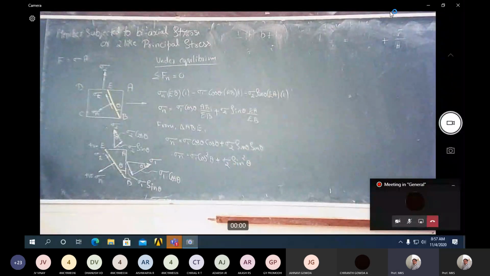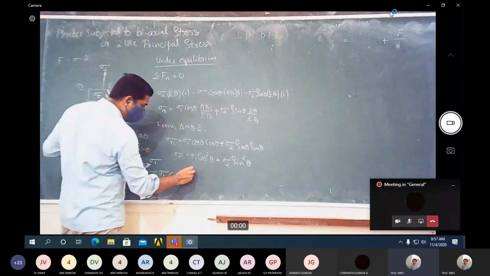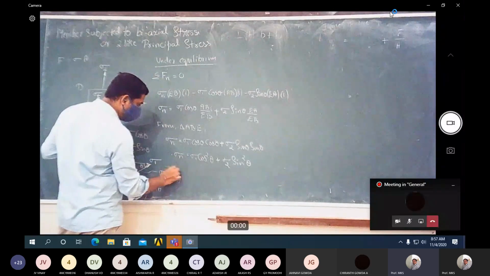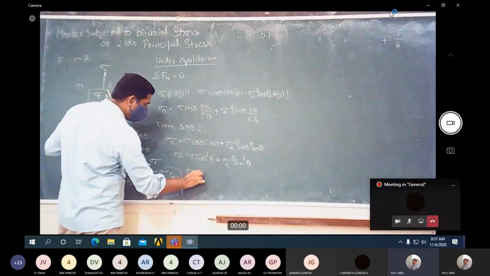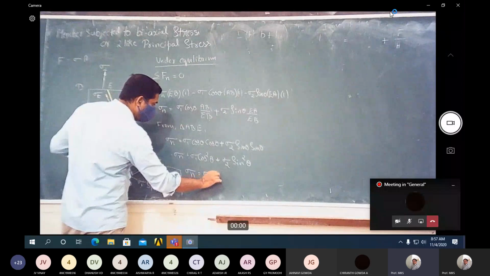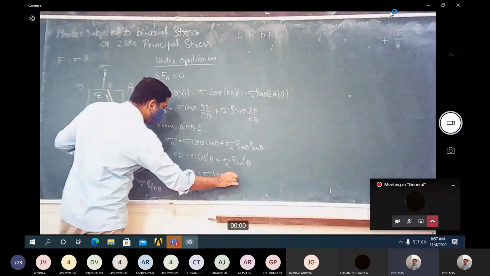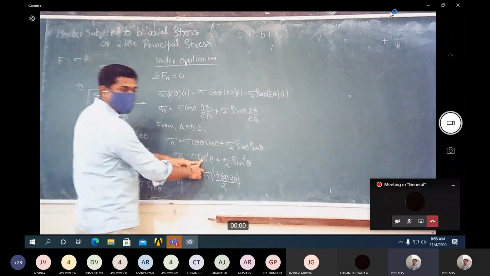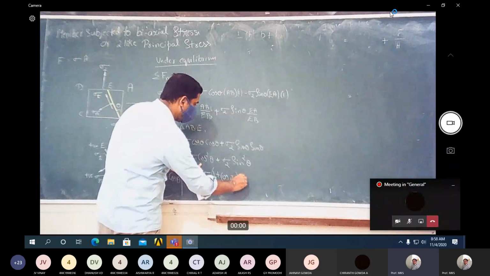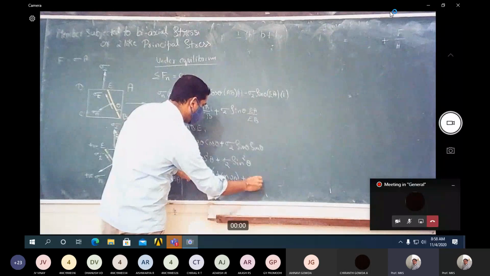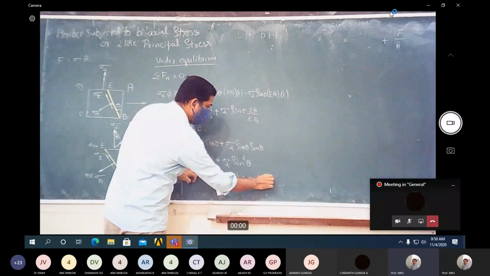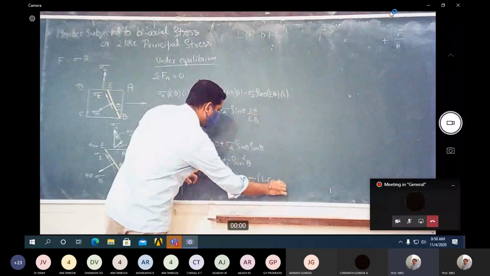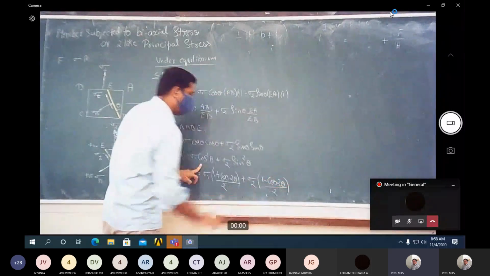Now we can use the relation cos square theta is equal to (1 plus cos 2 theta) by 2. So we can rewrite sigma n is equal to sigma 1 into (1 plus cos 2 theta) by 2, plus sigma 2 into sin square theta, which can be written as (1 minus cos 2 theta) by 2.